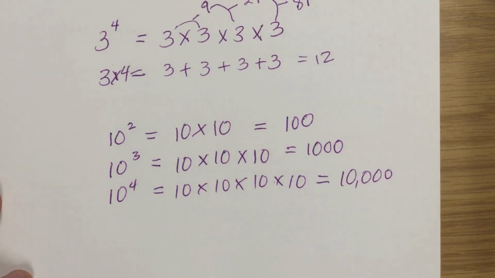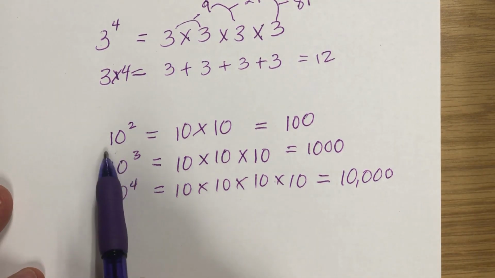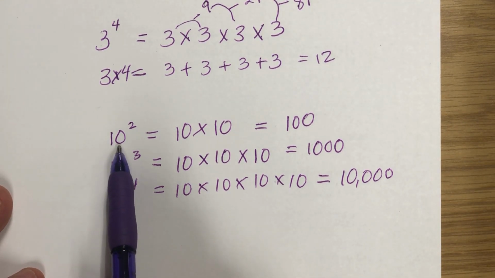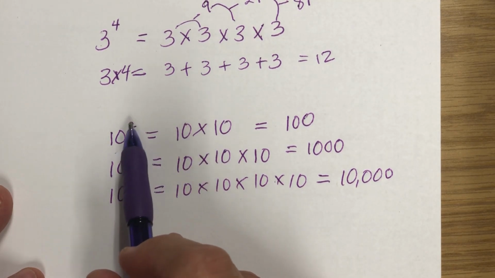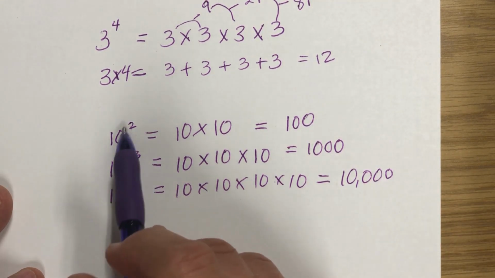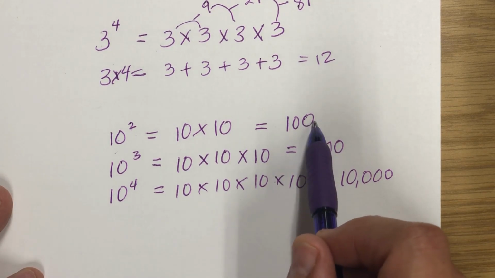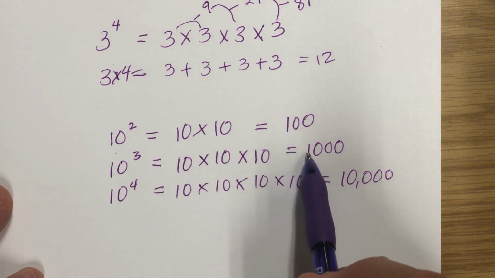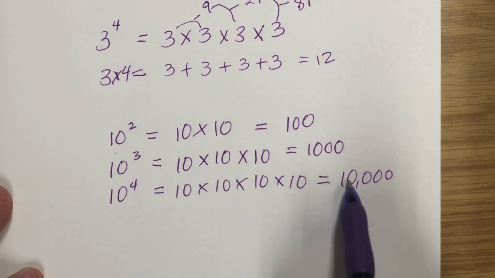And after some discussion, some were able to figure out that if we have 10 to the 2nd power, the exponent tells us how many zeros are going to follow the 1. So we have a 1 with 2 zeros. If we have 10 to the 3rd power, we have a 1 with 3 zeros. If we have 10 to the 4th power, we have a 1 with 4 zeros.